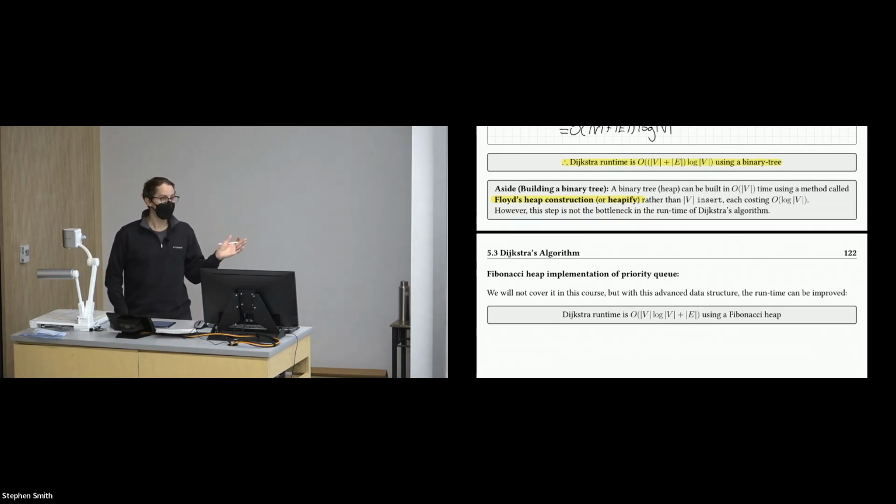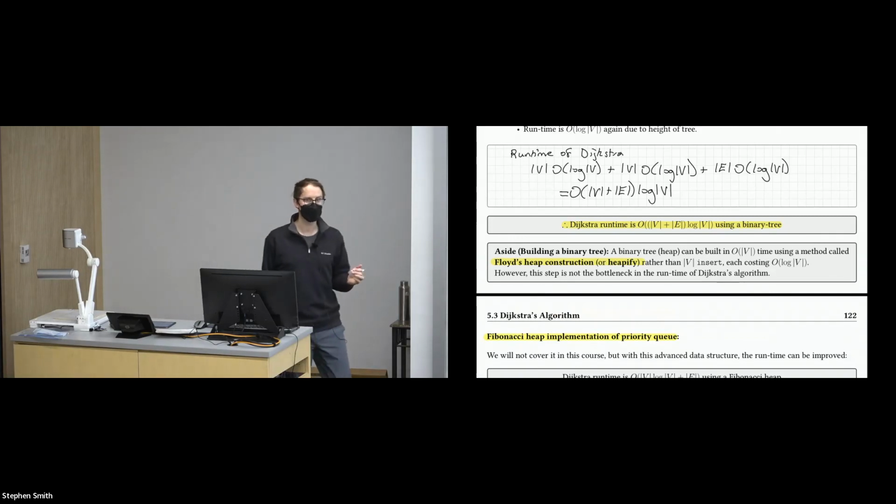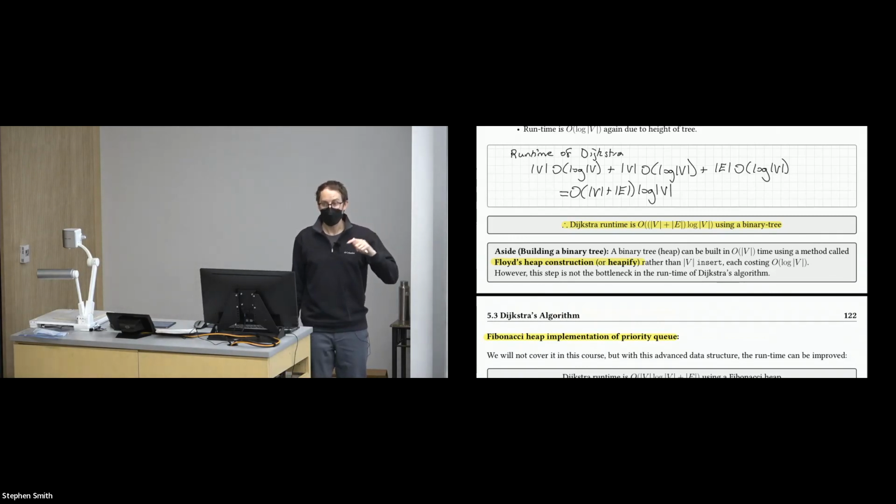And then there's one other data structure we won't go over, called a Fibonacci heap, where you do some fancier analysis, looking at what's called the amortized runtime over all of your operations.